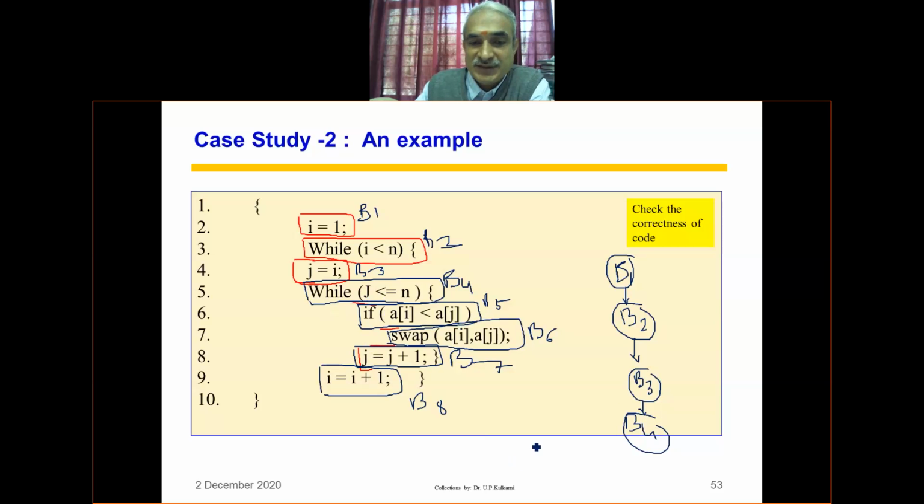B5 is different. So from B4 you go to B5 or you directly jump. Then you have a B6, with all connected things.